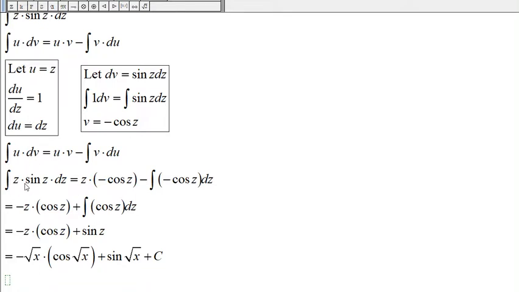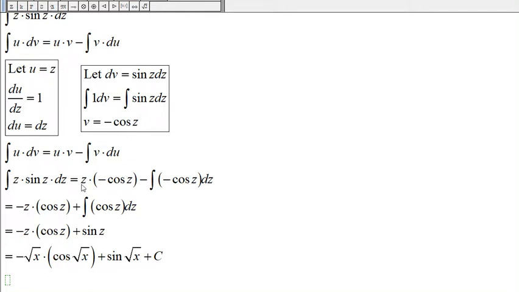And therefore the integral of z sine z dz is equal to uv minus the integral of v du. u is z, v is negative cosine of z.